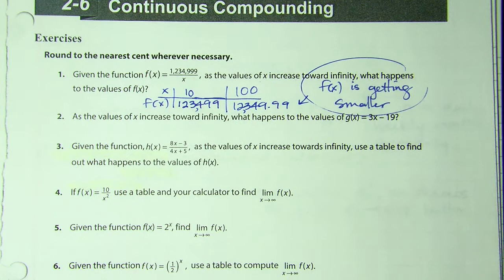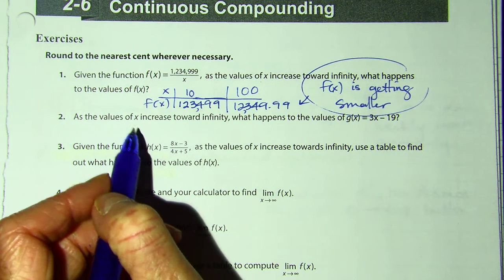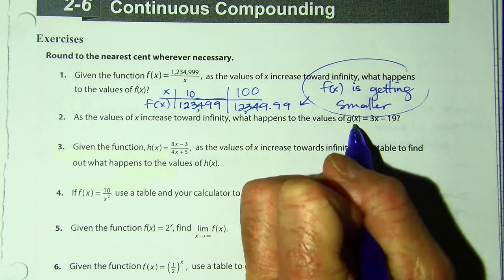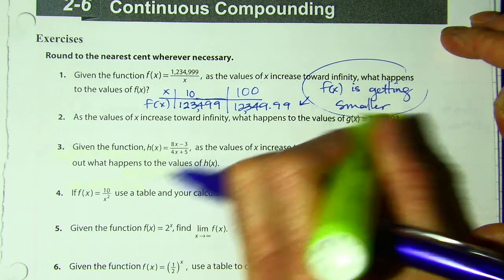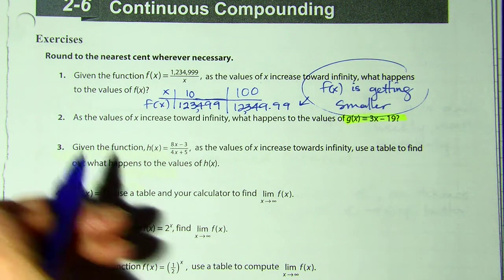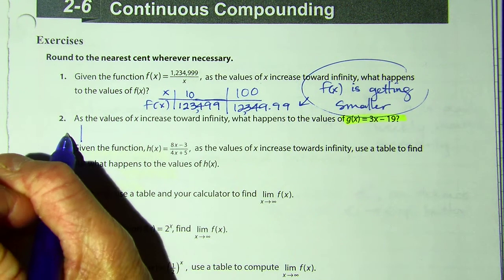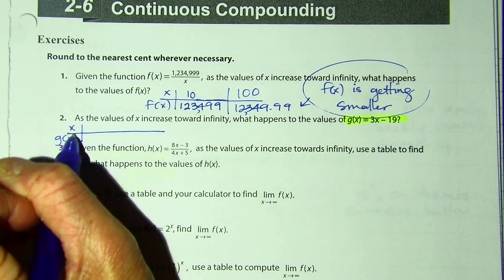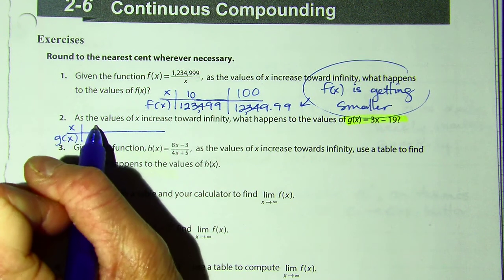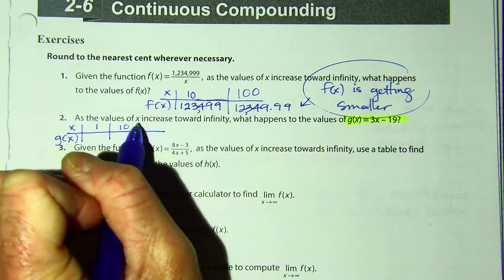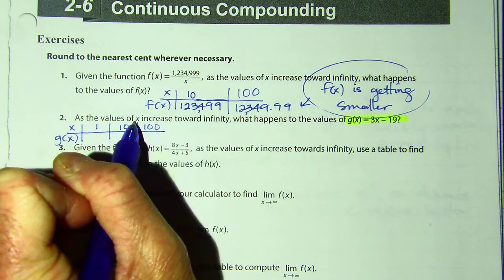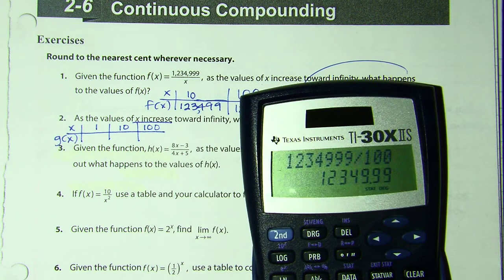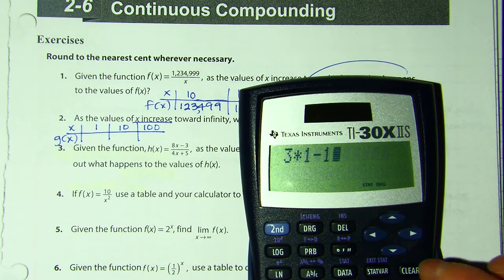All right, as the values of x increase towards infinity, what happens to the values of g of x? And so here's my function. I kind of wrote on it a little bit from the last one. So I'm just going to test a couple points. Let's just see what happens. You can make a guess, or we can plug in 1, 10, 100, right? Because it's saying x is increasing. So if I plug in 1, I have 3 times 1 minus 19.